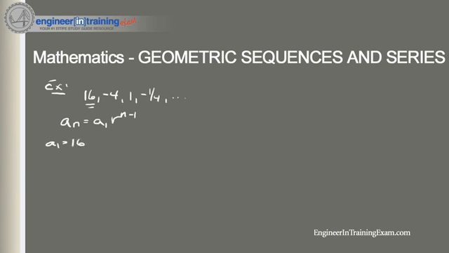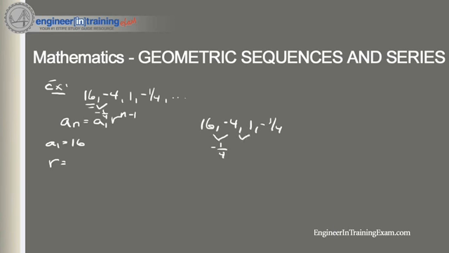Now let's determine the common ratio. Looking at this sequence, from 16 to negative 4 we see that the first term is divided by negative 4. Let me write this over here so I don't run out of room. So we notice the difference between the first and the second term is that the first term is divided by negative 4.